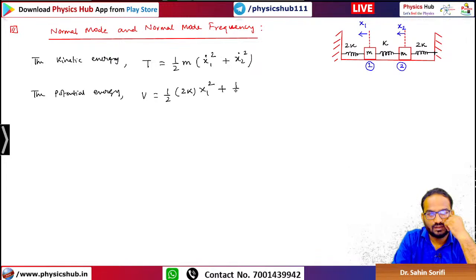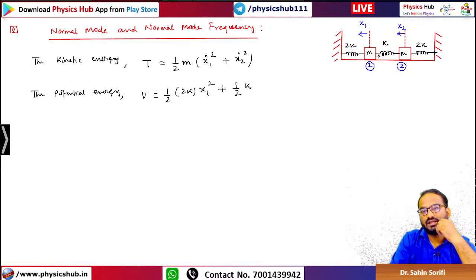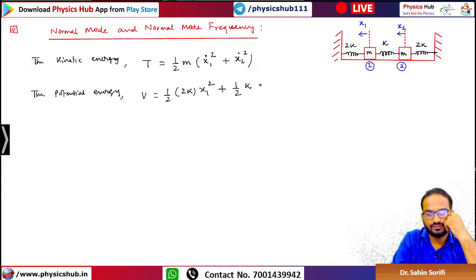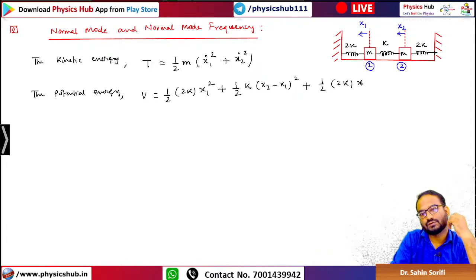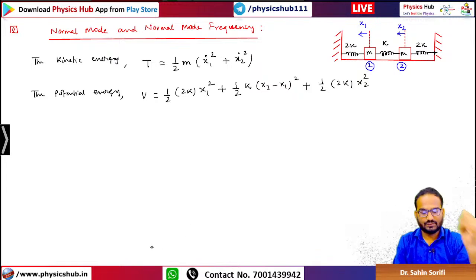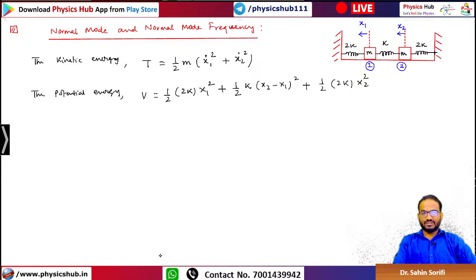Plus half k times, and this k involves the displacement from both x1 and x2, so half k (x2 minus x1) square. Plus, here it is only x2, half times 2k times x2 square. So this is the potential energy.